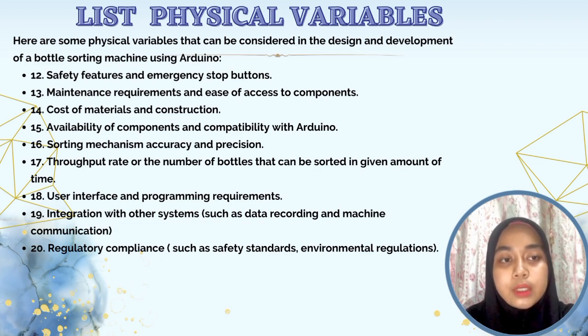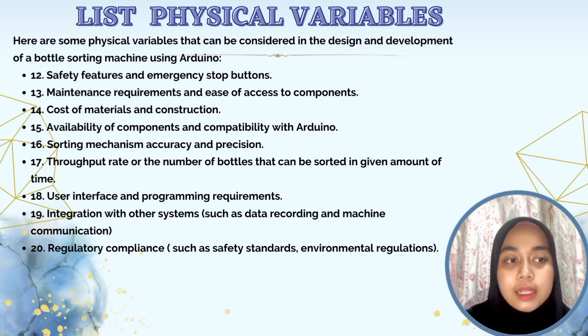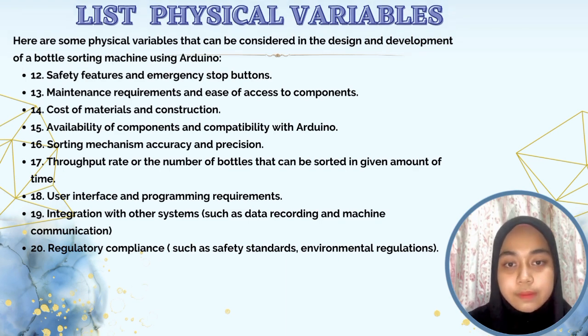Number 18, user interface or programming requirements. Number 19, integration with other systems such as data recording and machine communication. And the last one is regulation compliance, such as safety standards and environmental regulations.